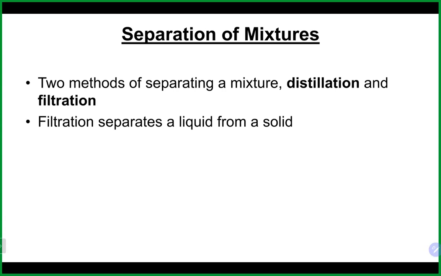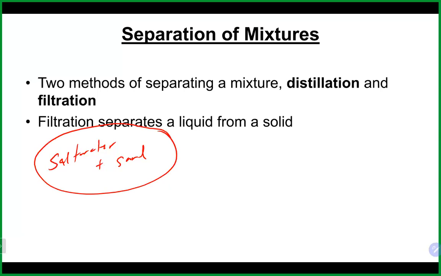We're going to separate out a mixture of salt water and sand, I think, right? So in lab, we have salt water plus some sand. Now, salt water is a homogeneous mixture, right? But when I take salt water and sand together, it becomes a heterogeneous mixture.